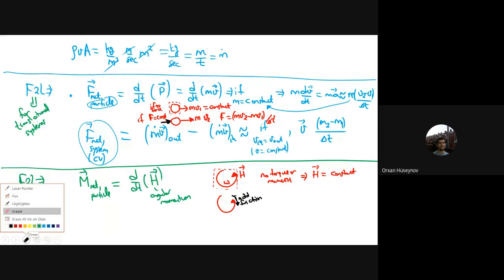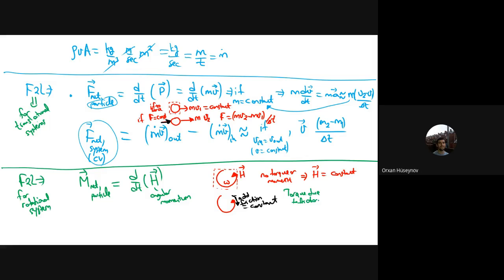If the friction is constant, because if it is not constant, we will have a differential equation here, then the torque due to friction will be equal to the angular momentum H2 minus angular momentum H1 divided by delta t. This one is H1.